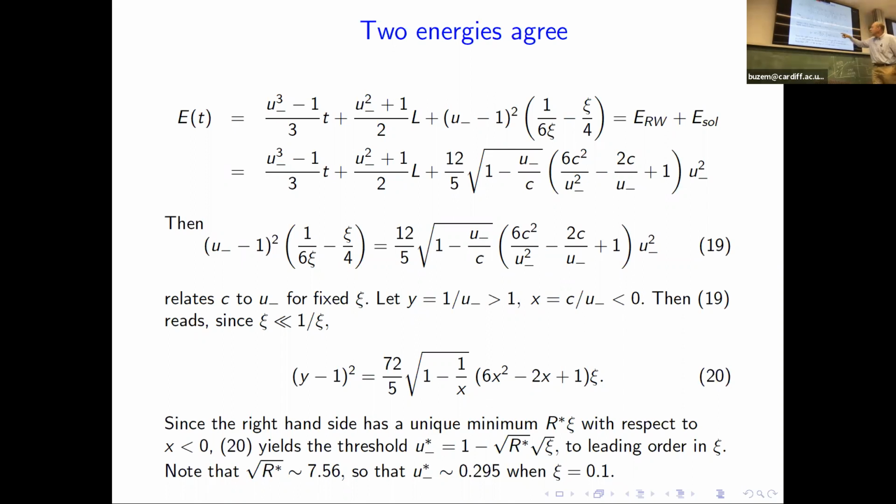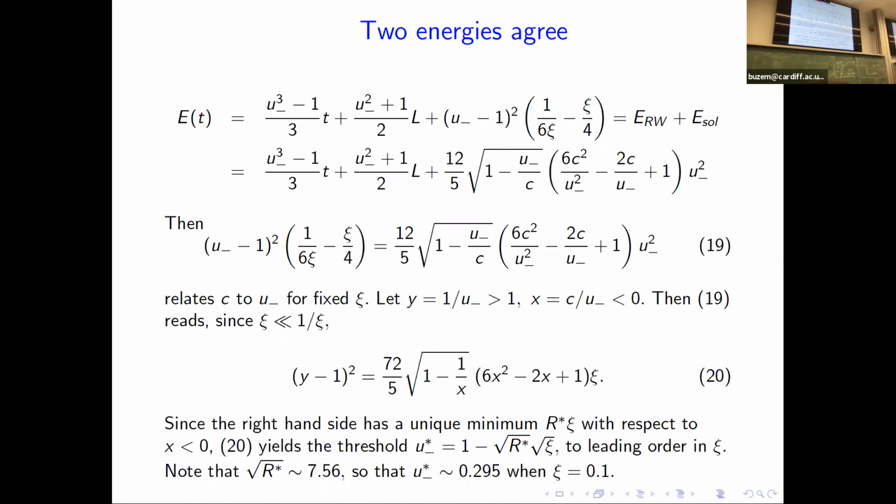Y is U1 of U minus, X is C over U minus, which is negative. And here's that same equation written out in a somewhat simpler form. And the right-hand side has a unique minimum, which we call R star times C. So here's that.